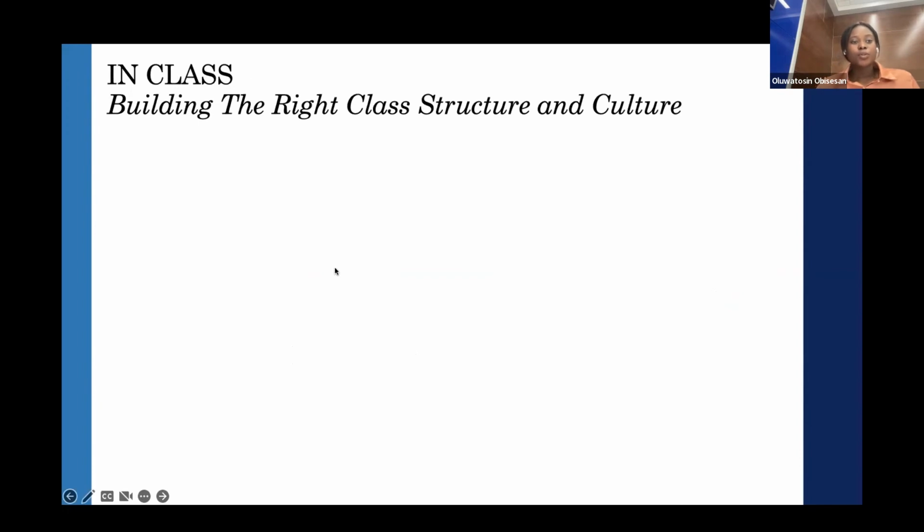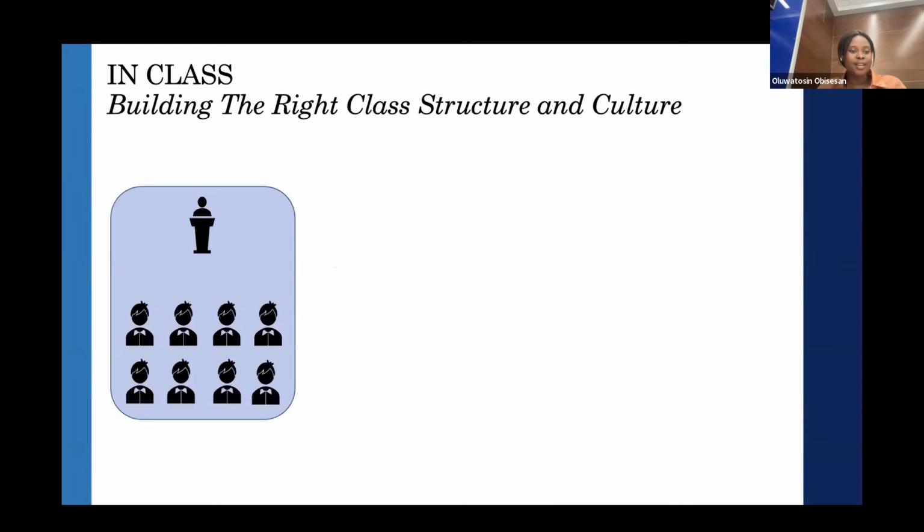And then this also goes into building the right class culture, because to drive student engagement, I believe that the structure and the culture in the class is very important. You can have a classroom culture where there's a figure of a TA who is leading the class, and there's a one or two-way exchange of information between the student and the TA.